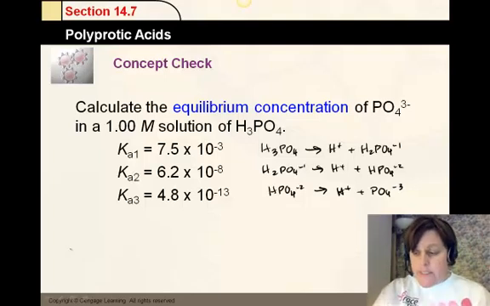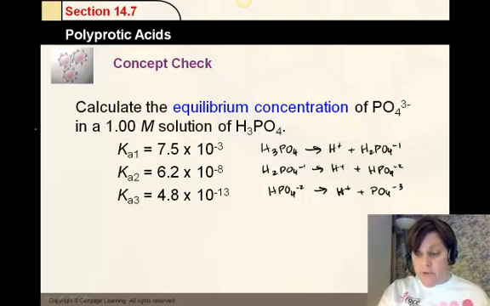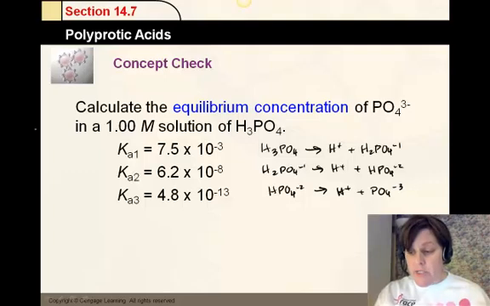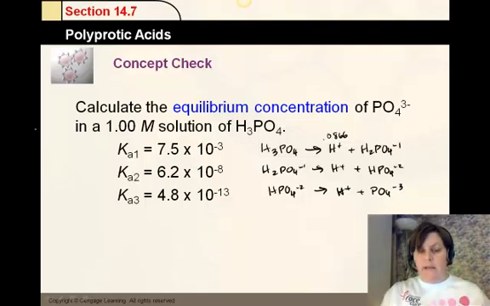Now, when we solve for the hydrogen ion concentration, which I had to solve for to get the pH in the first question, I got my hydrogen ion to be 0.0866 molar. That's what I got when I solved for x.